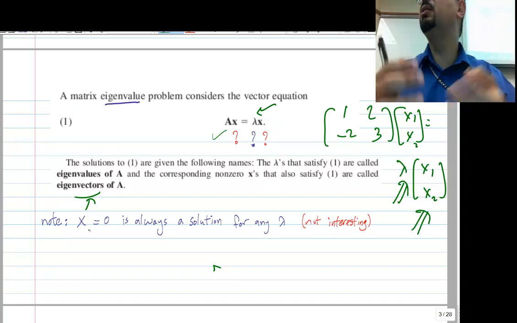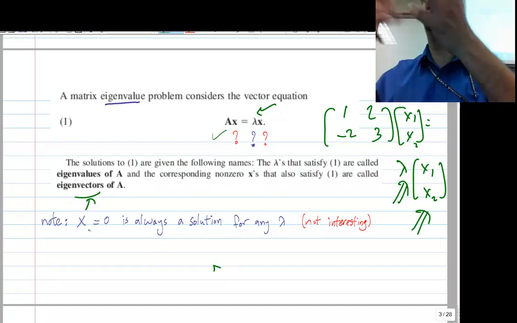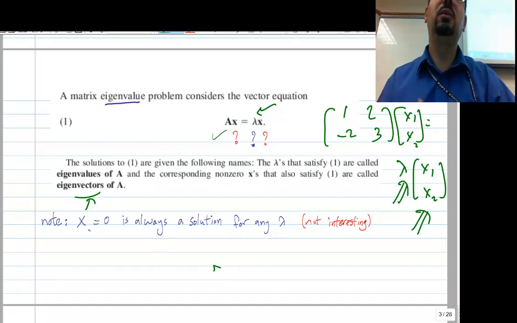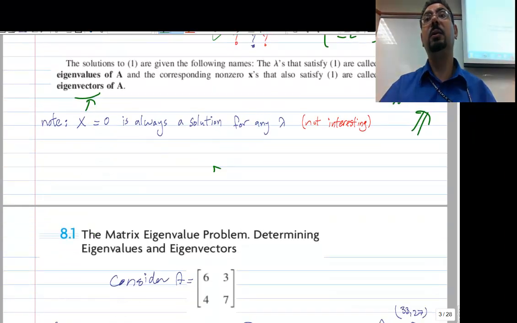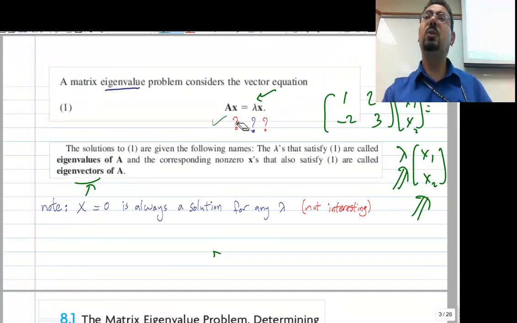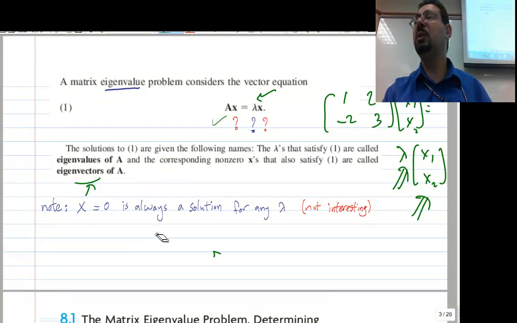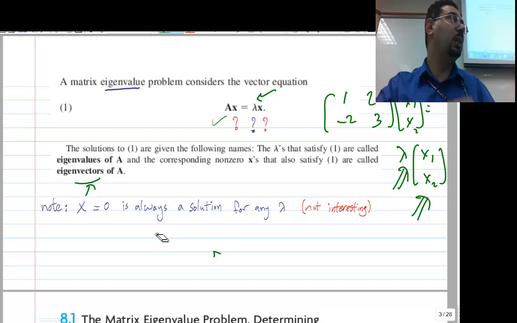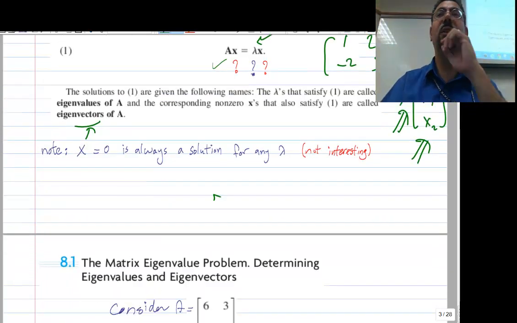It'll give you a matrix and tell you to calculate the eigenvalue and the corresponding eigenvector. Again, of course, x equals 0 is the trivial solution. We are not interested in it because if the x vector is 0, that's an eigenvector for anything.